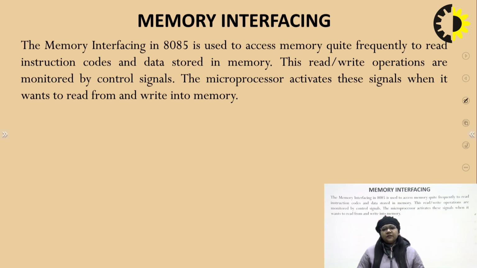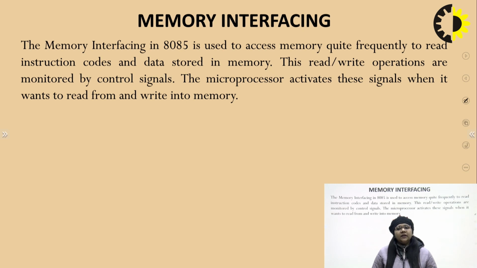Memory interfacing in 8085 is used to access memory quite frequently, to read instruction codes and to write also. The instruction codes are stored in the memory and read and write operations are done, and these read and write operations are also control signals of the microprocessor 8085.